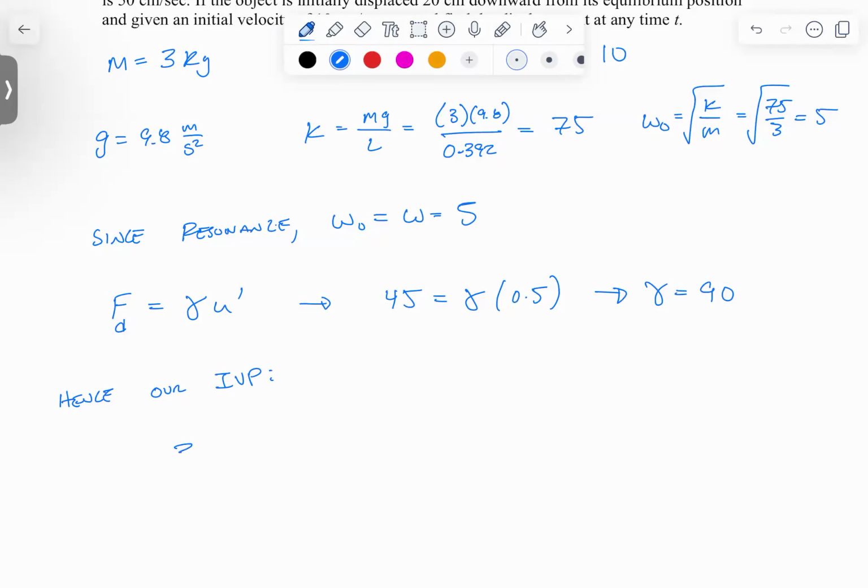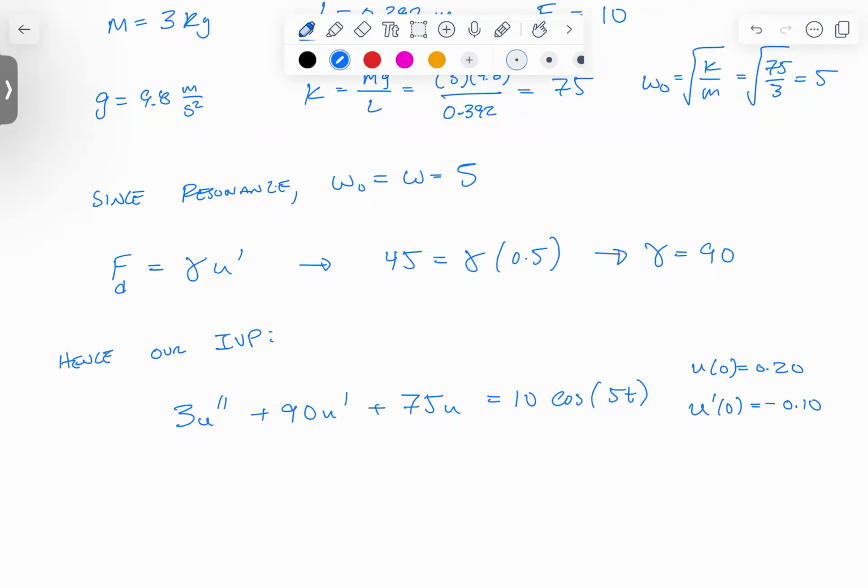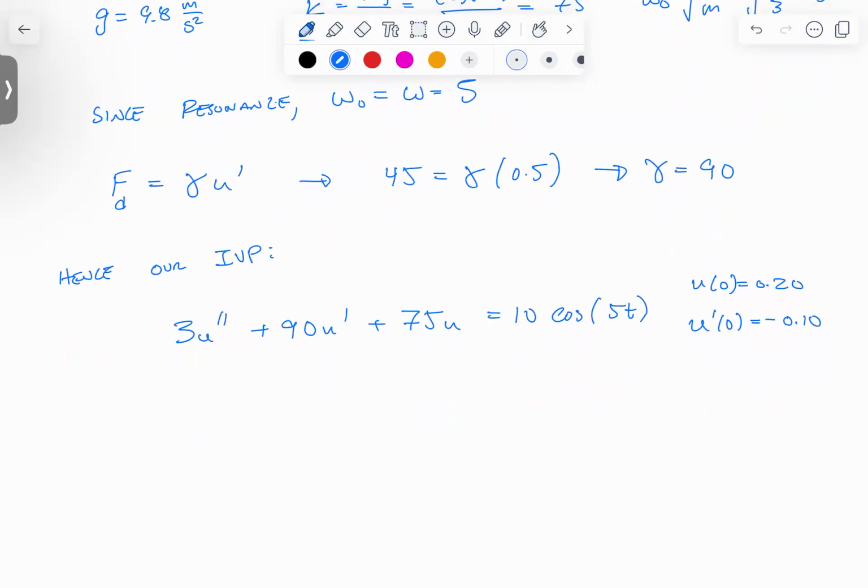So our IVP now. So we have all four forces, our characteristic equation.